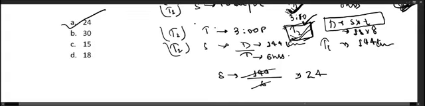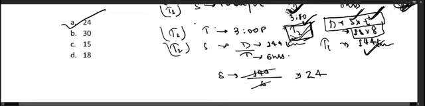So if we find the distance of any one train, then it will become the distance of the second train. So we have used this method and got the distance that has been traveled by train 1.